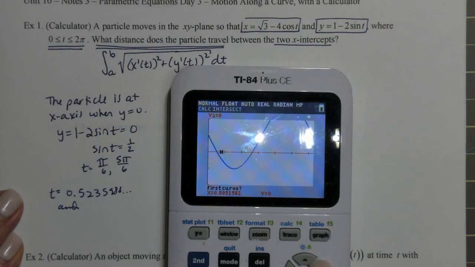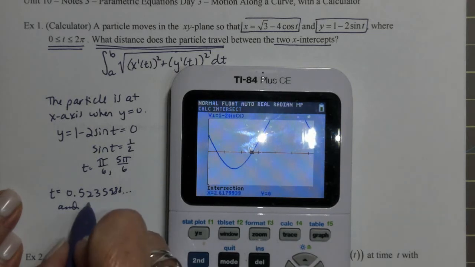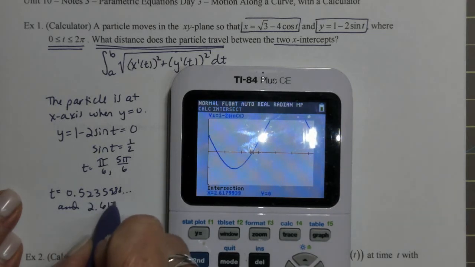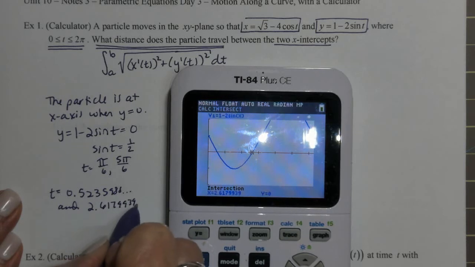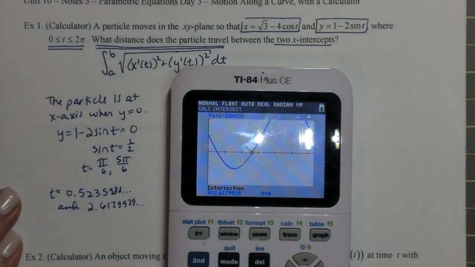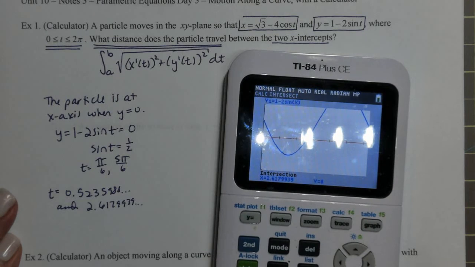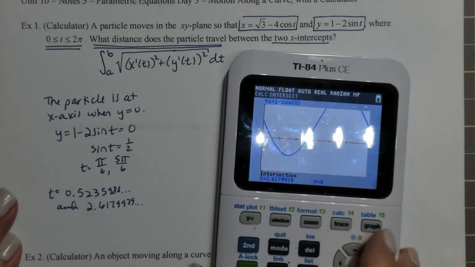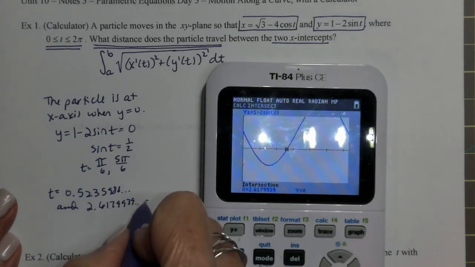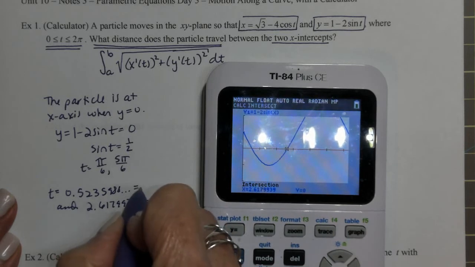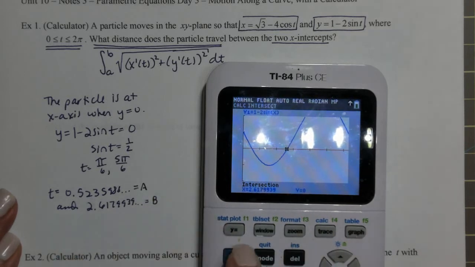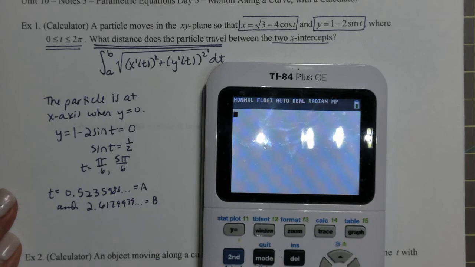And come over here a little bit, get this 5 pi over 6 one. 2.61799939. Okay, so you have to write at least 3 decimal places. And we could store that in for B. We could store this one in for A.